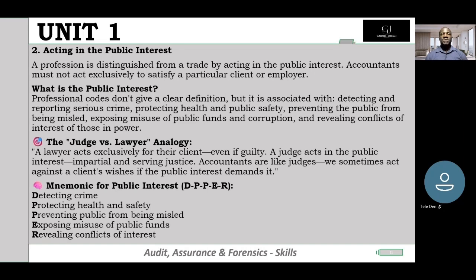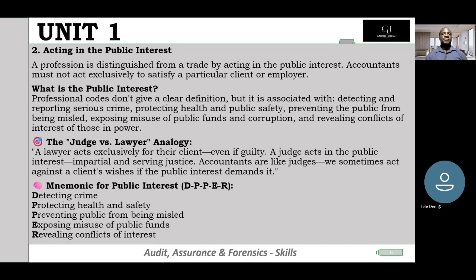However, it is associated with detecting and reporting serious crime, protecting health and public safety, preventing the public from being misled, exposing misuse of public funds and corruption, and revealing conflicts of interest of those in power.